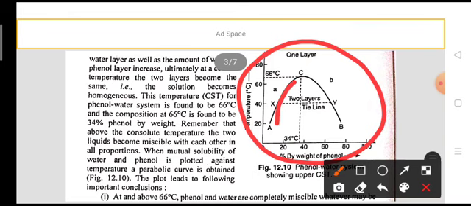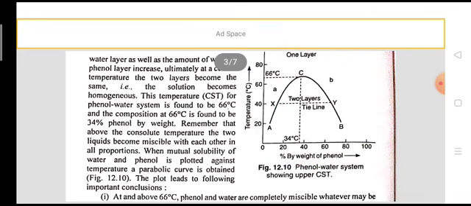That means the partially miscible liquid pair becomes completely miscible. So this particular temperature is termed the critical solution temperature for this system. At this temperature, it is found that 34% of phenol is present in that liquid pair.